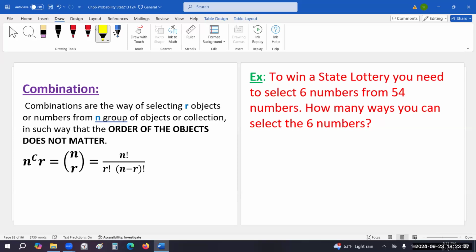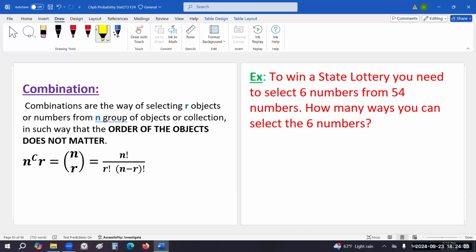When do we use this? To win a state lottery, you need to select 6 numbers from 54 numbers. How many ways can you select 6 numbers from the 54 numbers?